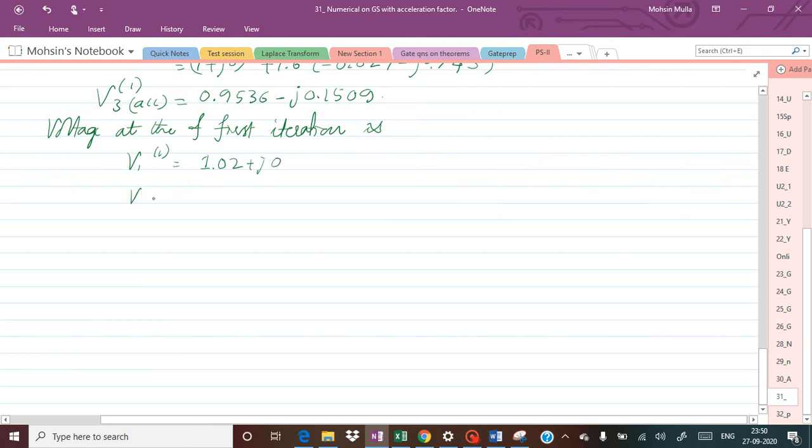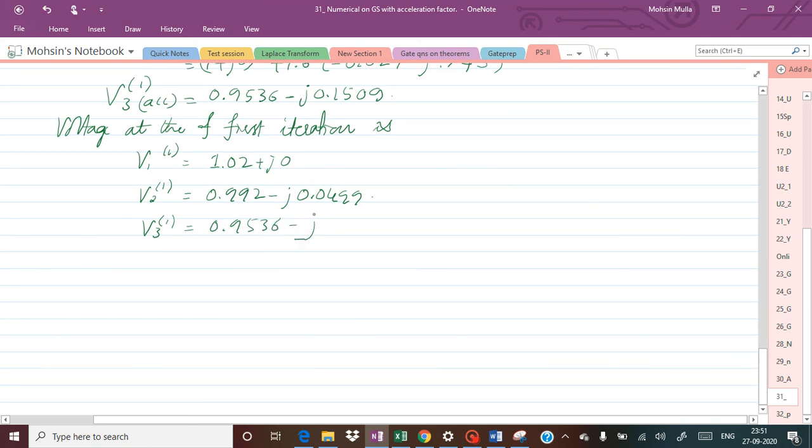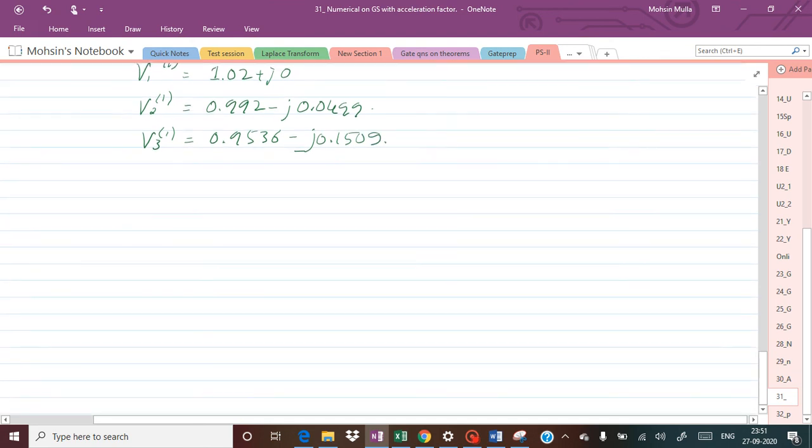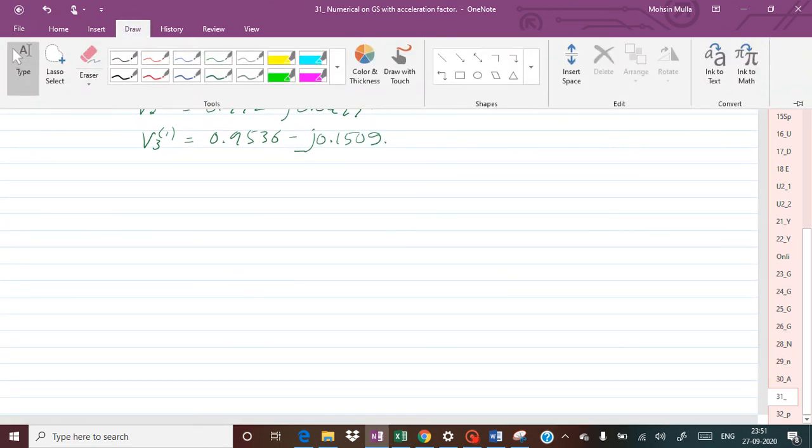Second, V2 of 1 is 0.992 minus j0.0499. Then V3 of 1 is 0.9536 minus j0.1509. Now let us calculate the second iteration.